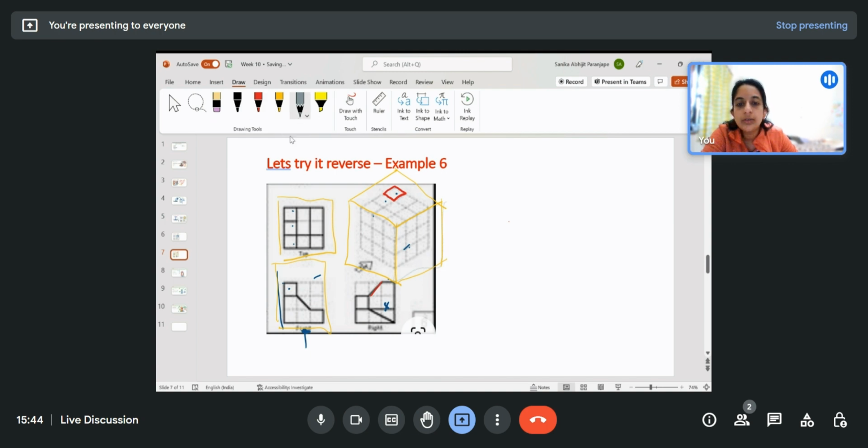So to trace this point here, I will move parallel to the sides of this particular plane. So I'll either move here and here. To locate this point, I'm going to move parallel to the plane here one block and here, or here and here.